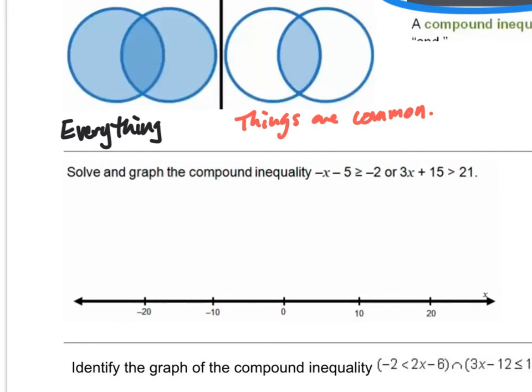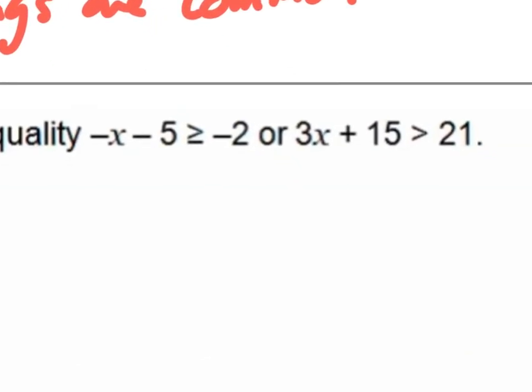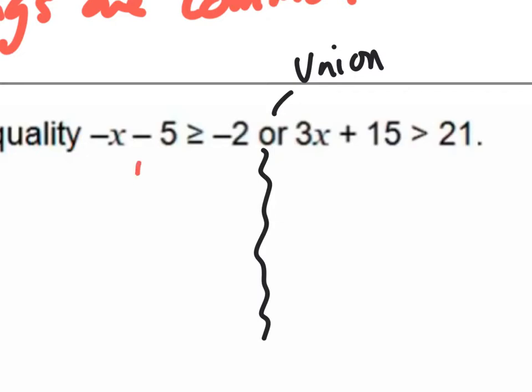So what I want to do is solve this compound inequality. If I look down here, I see the word or, so I automatically think union. Then I have to solve this. I'm going to add 5 to both sides, and I get negative x is greater than or equal to positive 3.